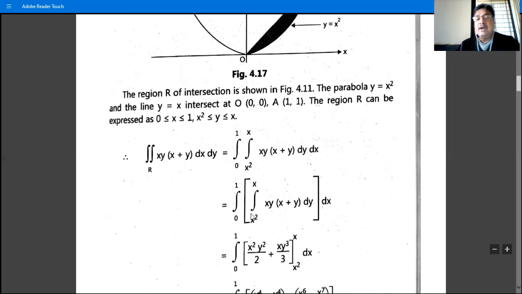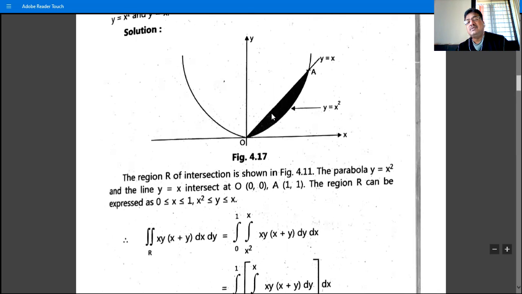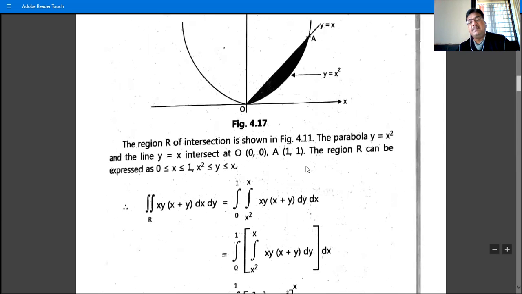Suppose we have to integrate with respect to x first, then take a strip parallel to the x-axis, like this. One end touches the line y is equal to x, and the other end touches the curve y is equal to x square. From these two equations, find the values of x.